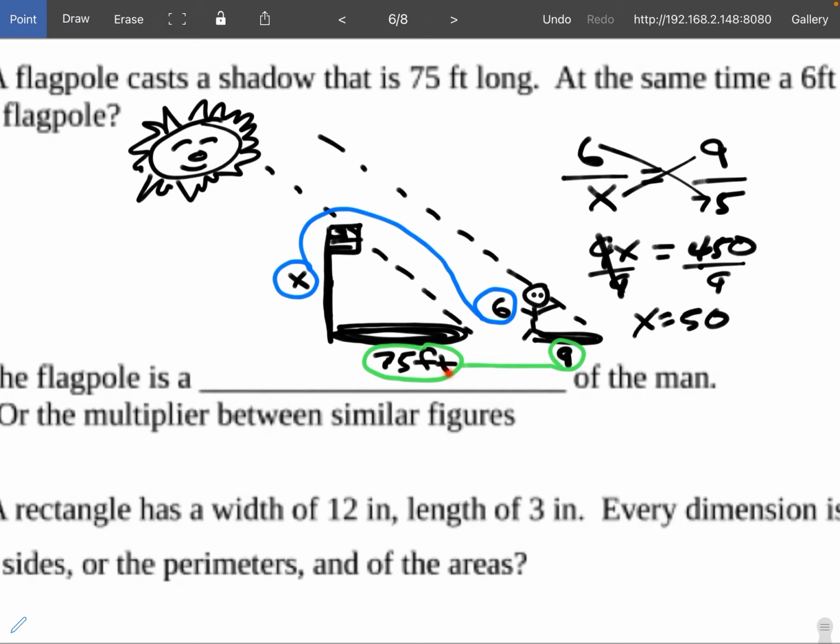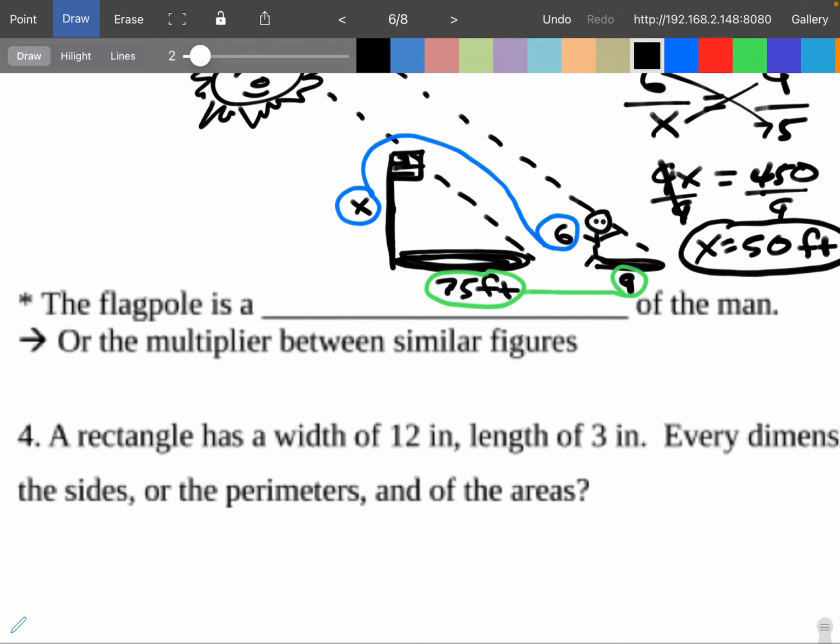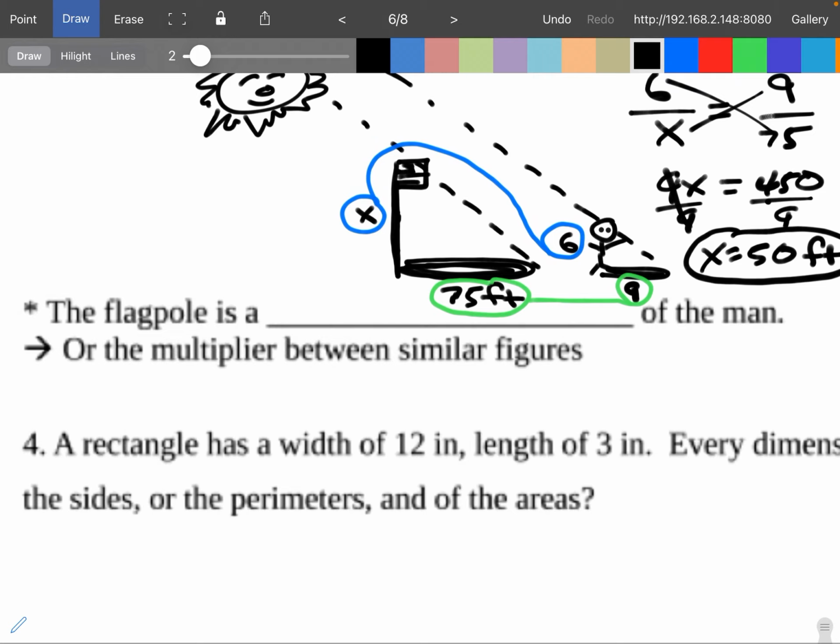And our units are, yeah, if you look back, I didn't write them all on there because I didn't have enough room. But all of these measurements were in feet, okay? That was 75 feet, this was 6 feet, that was 9 feet, so it's in feet. So that's how tall the flagpole is. Okay? The flagpole is 50 feet tall.